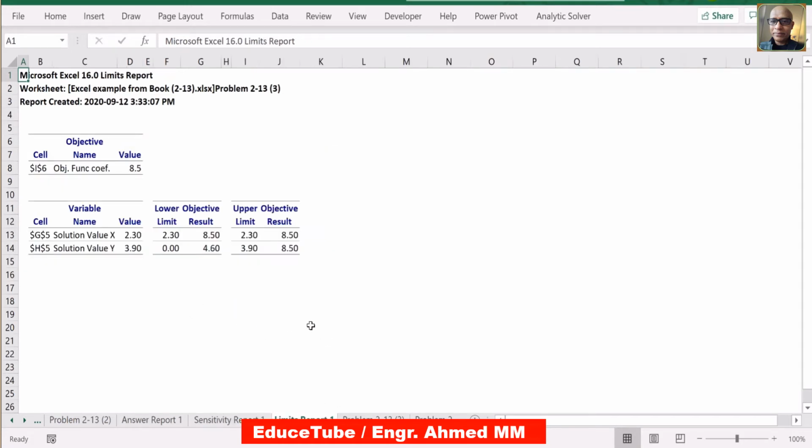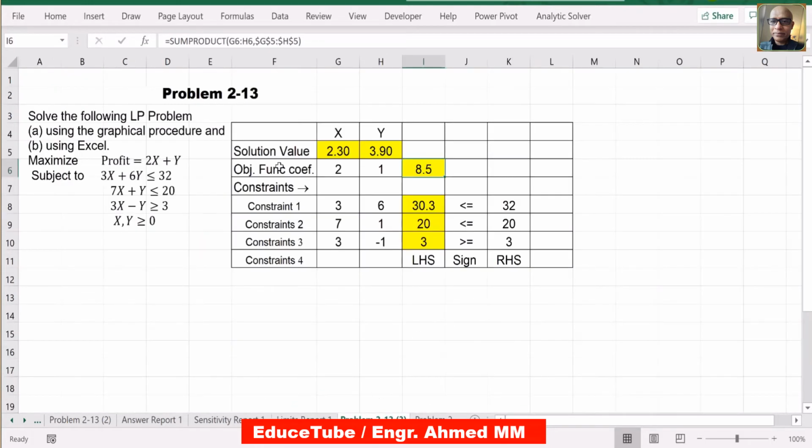Limit reports, it is objective function coefficient. We know this value we got, that one 8.5, x value, y value 2.3, 3.9. So our objective result is 8.5. So we got 3 reports. So we are now in this situation.